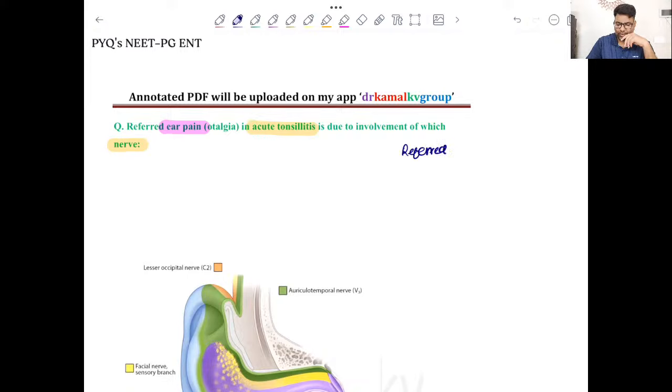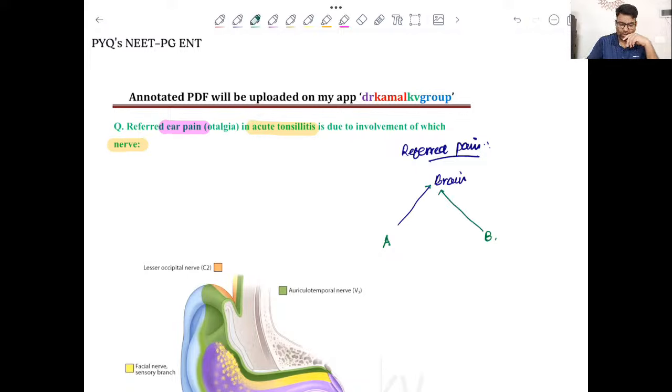When we talk about referred pain, in simpler words, it means that there are two structures, suppose A and B. If there is any pain sensation, it will be carried to the brain from both the structures.